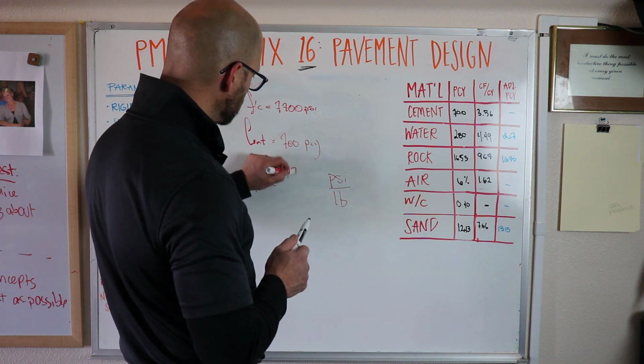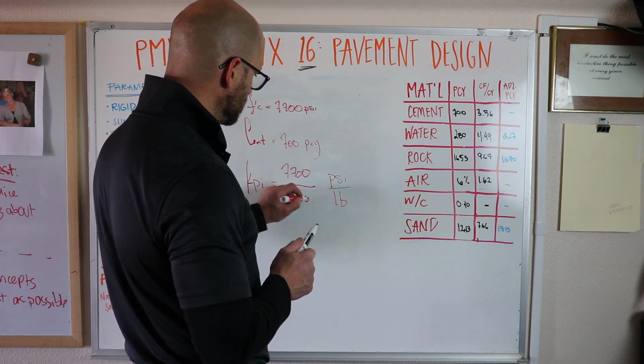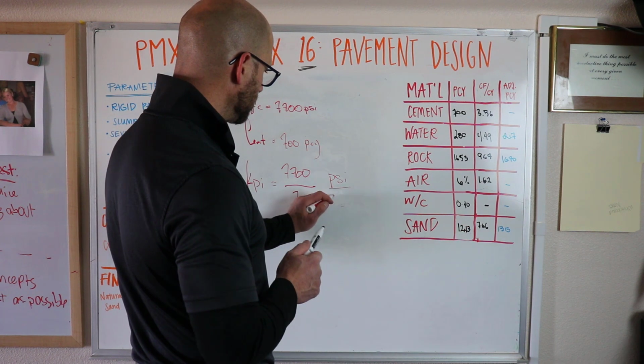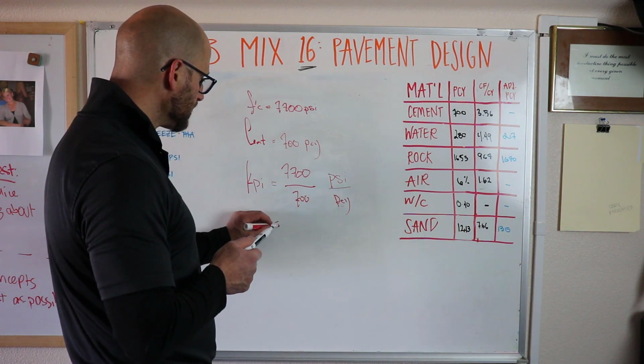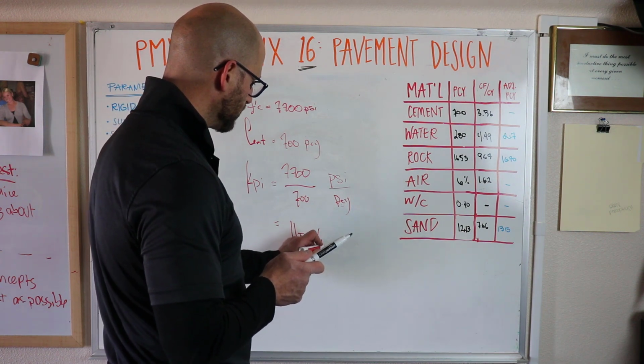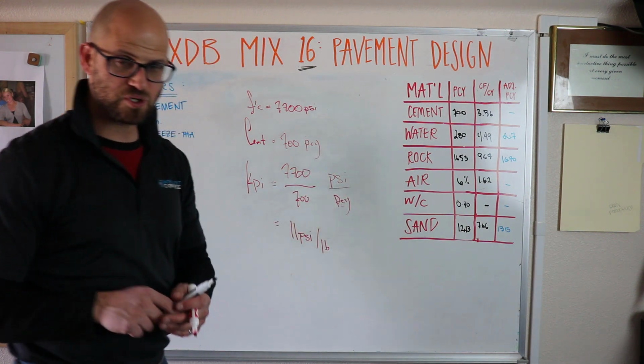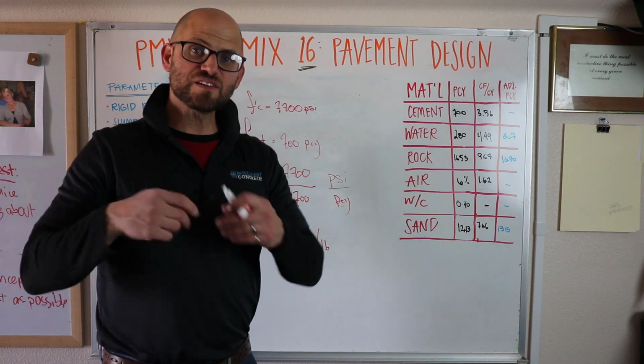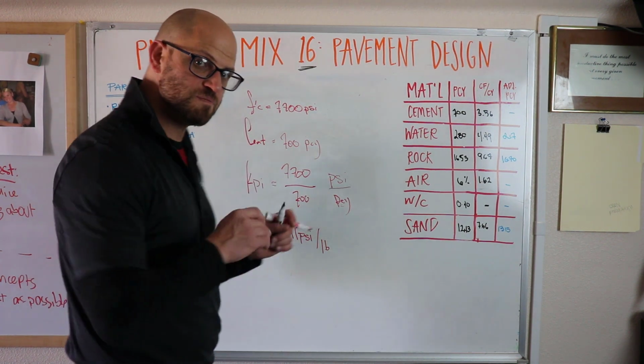So if we do 7,700 over 700, we need a KPI of 11 PSI per pound of cementitious. You could say pound per cubic yard. But that's the efficiency that we need out of our cement to make this happen.